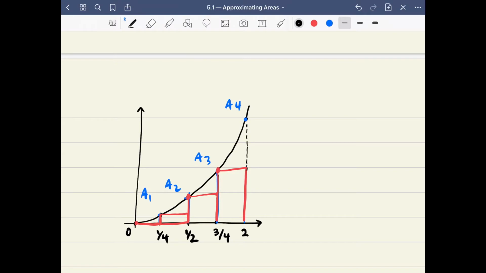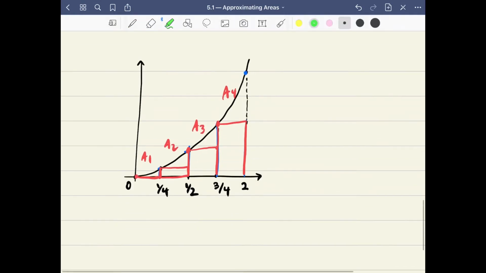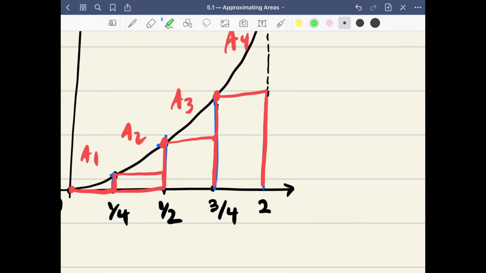And let's also change these and make them red. So let's say A1, A2, A3, and A4. Let's also change the highlight to, let's say, green. Okay.